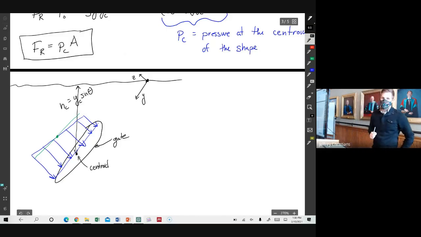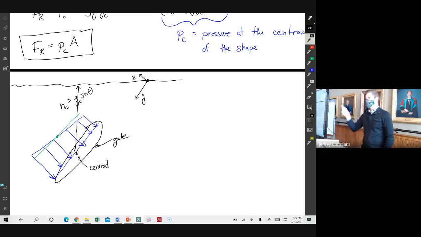Okay, the more challenging part is to figure out where exactly that resultant force is acting. If you look at this picture, the moment has to be equal to the sum of the moments. So it's going to be weighted so that it's not acting exactly at the middle. It has to be acting somewhat below the middle, somewhat deeper than the middle of the shape, because pressure is going up as we go down.